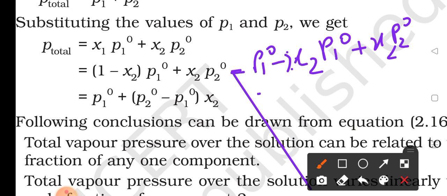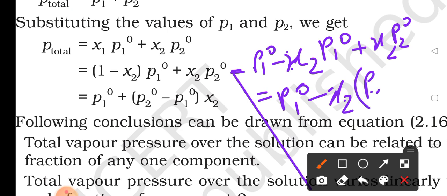So it's like P1 naught, and if we take x2 outside, then we get P2 naught minus P1 naught, and this is that formula. So in this case we should calculate it.